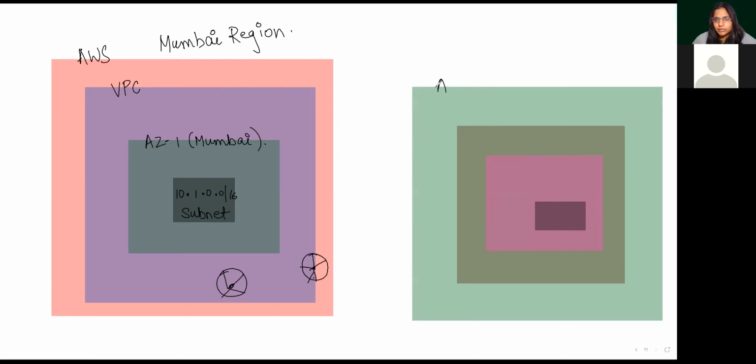Now, this is your AWS which is in Singapore. This is the VPC you have created. The availability zone you have is in Singapore. Now here we have a subnet, 10.2.0.0/16.